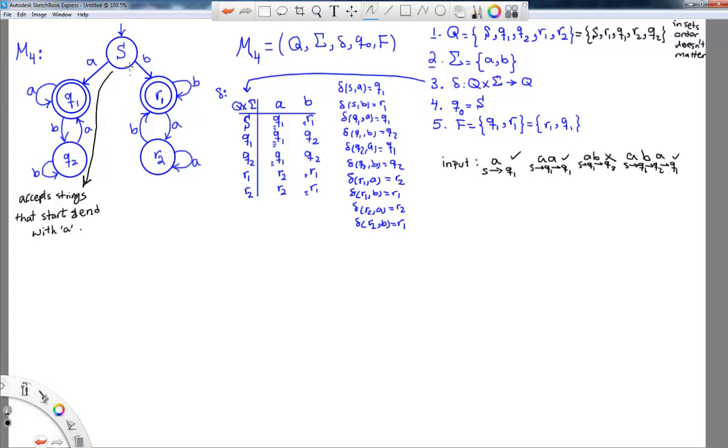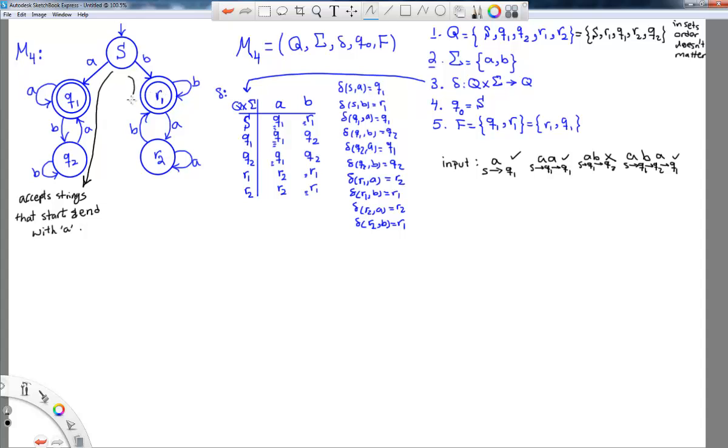If you look by symmetry, you go to state R sub 1 over B from S, right? So immediately, if your first element is B, you go into accepting strings that start with B and keep being B. And if they're interrupted with A, if the last symbol is a B, they're going to go back to the accept state and get accepted.